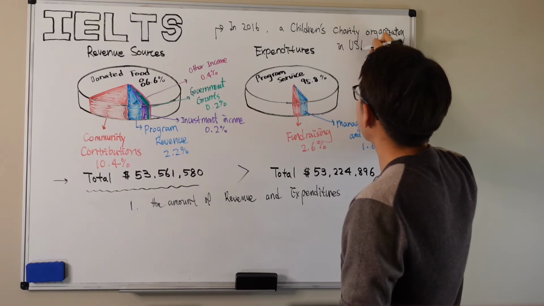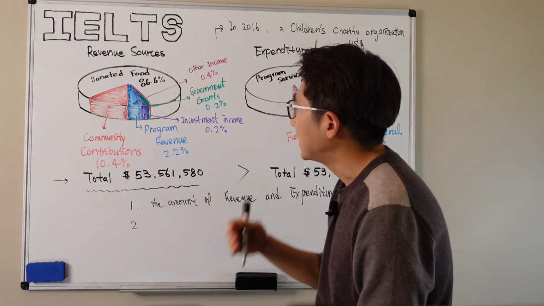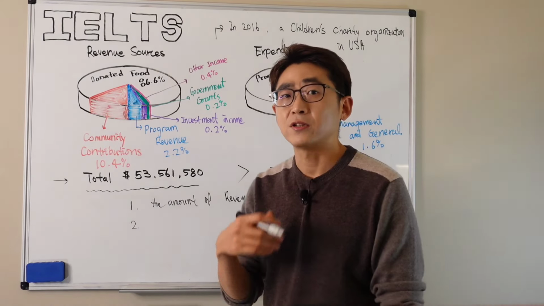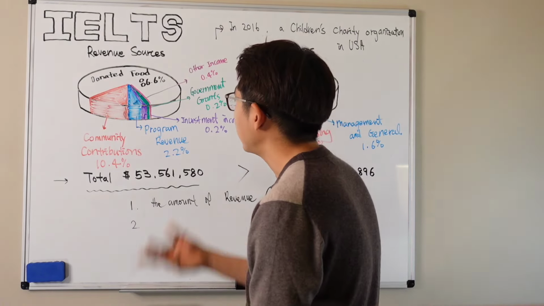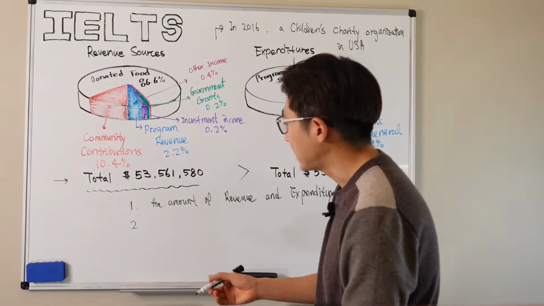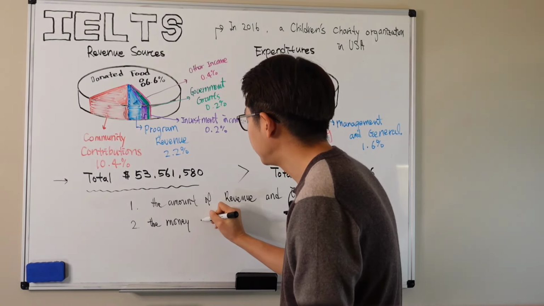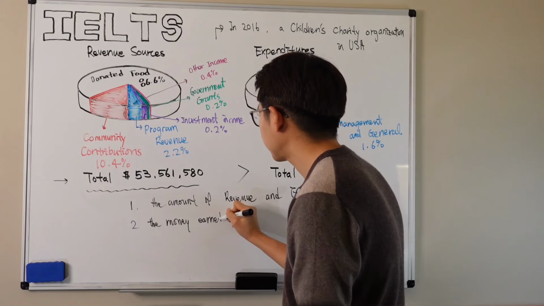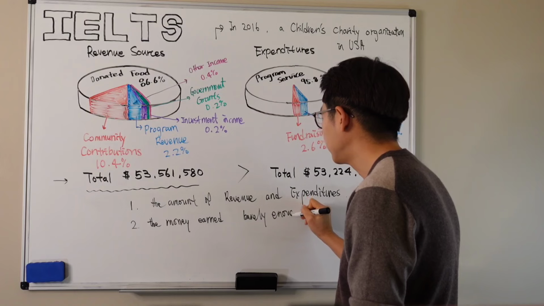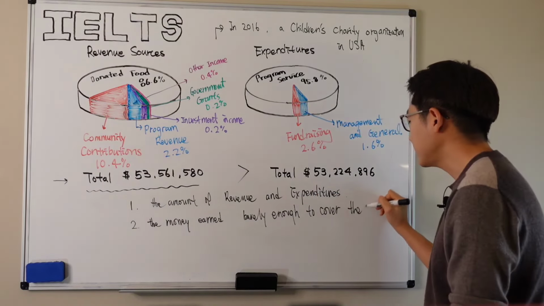In USA. Okay. And second, we need to identify the messages that the graphs are showing. The graph is trying to say that the money earned is barely enough to cover the expenses.